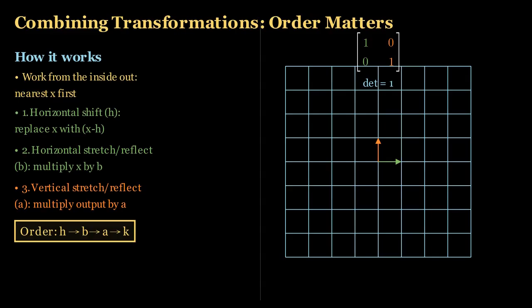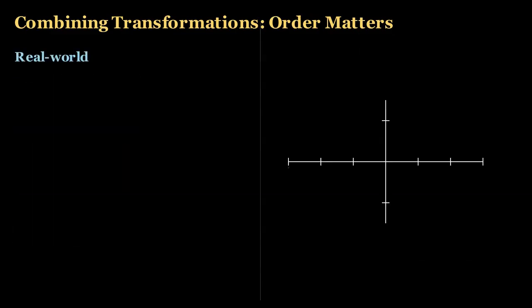So h is -3. Step 1, horizontal shift. We replace x with x minus -3, which is x plus 3. This slides the whole parabola 3 units to the left. The vertex, originally at 0, 0, moves to -3, 0.